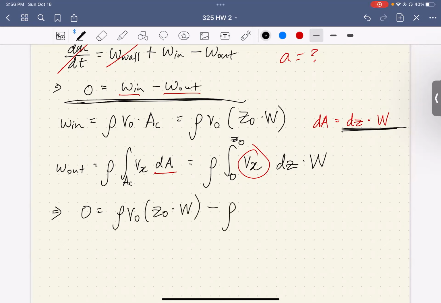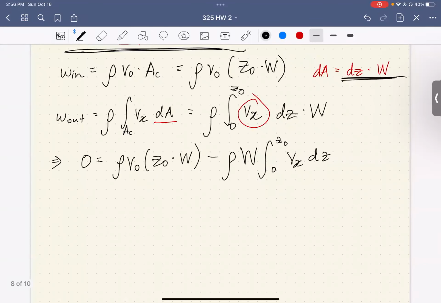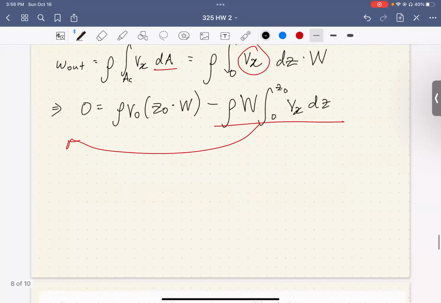minus rho. We can pull out that width again. Z0 Vx dz. Great, and you'll notice right away that several terms do cancel. If we pull this over to the other side, we have 0 to Z0 Vx dz.